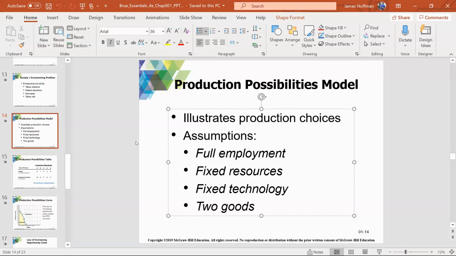The assumption is that the resources are fixed, there's fixed technology, and we're going to look at a two-good economy. Obviously, countries or economies produce way more than two goods, but if you understand opportunity cost and the concept of a two-good model, then you can apply that logic to more than two goods.